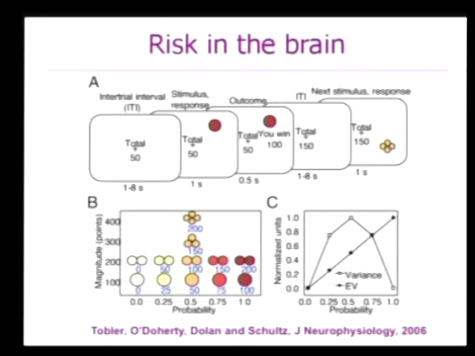We can vary that independently. So some choices are going to be riskier than others. And, just like with the Preuschoff and Bossaerts study, we can look at areas that correlate with this risk, which is formally the variance in the reward distribution.